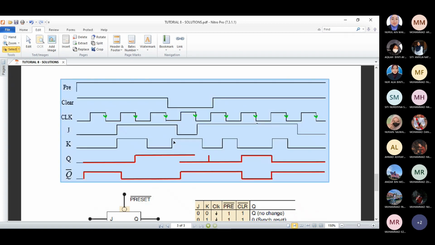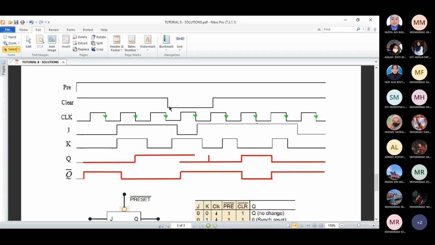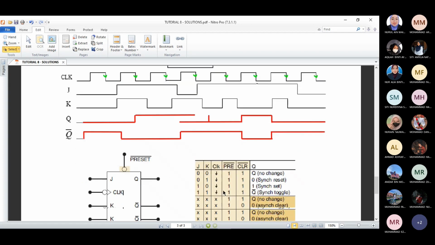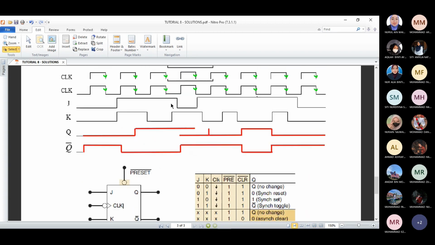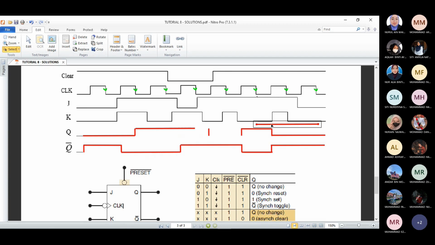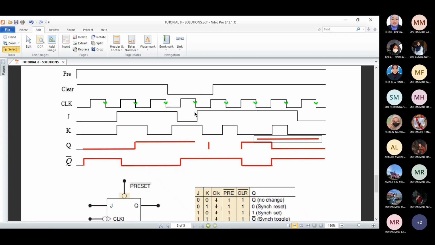Kalau kita tengok betul-betul kita still berada pada 1 1 lah sebab dekat sini baru dia tukar kepada kosong. So it is still 1 1 but J is 1, K is 0. Dia akan jadi set. Still jadi 1. So from this part until this part here, dia still menjadi 1. Lepas tu baru kita perlu analyze yang baru.